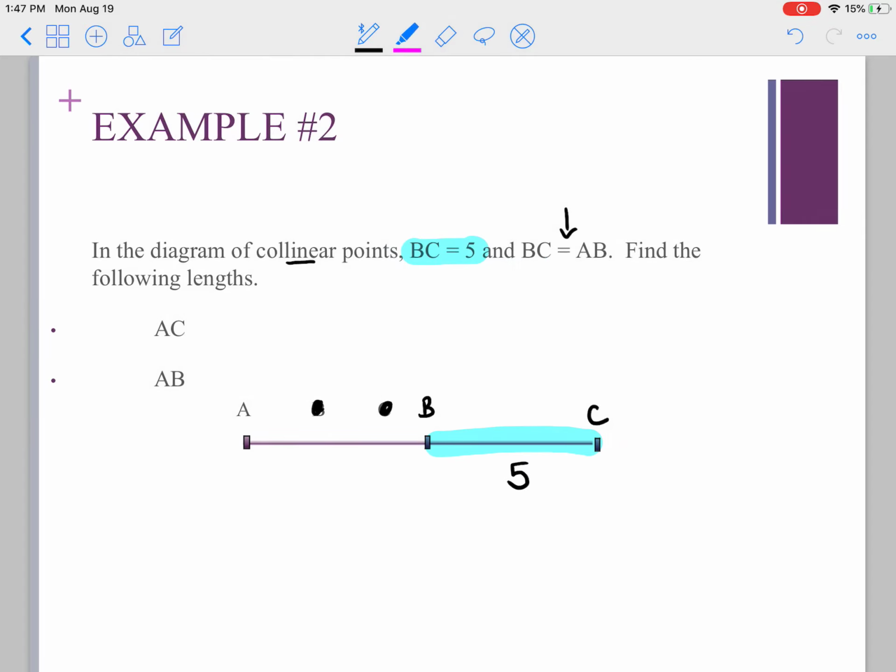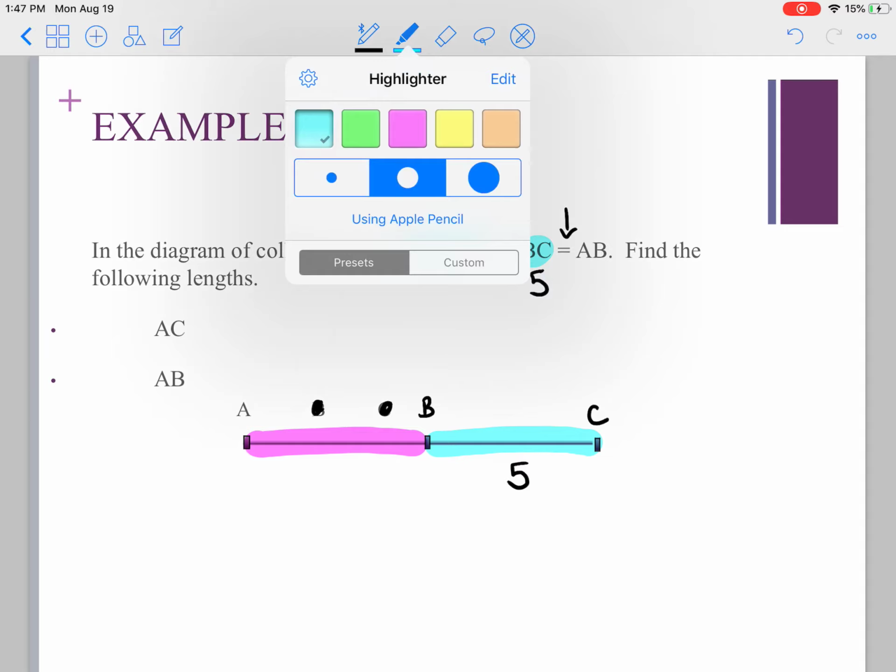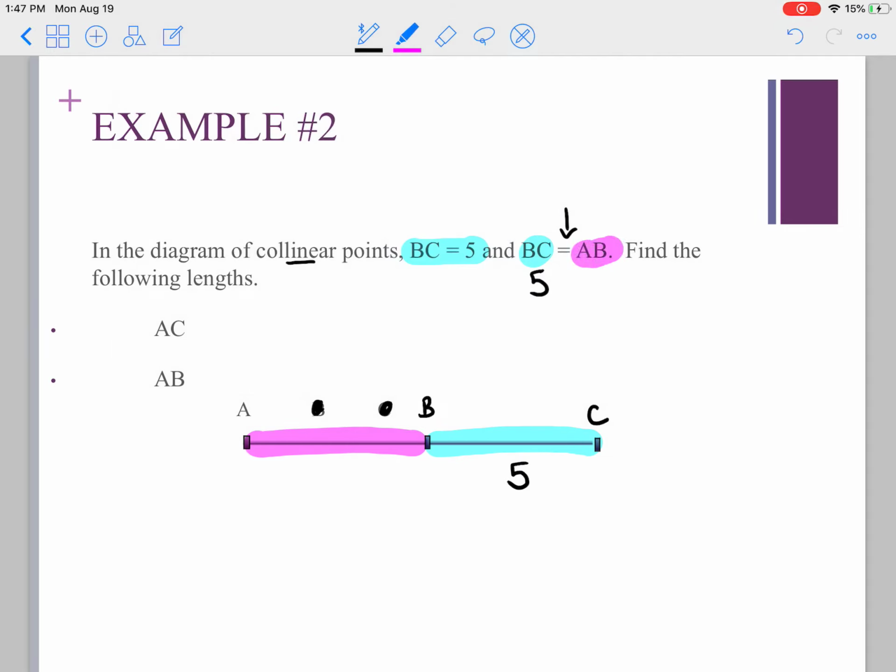Well, AB, so we have BC, and it is 5. We have AB, and because we're dealing with a measure, it's equal to BC. So I can come over here, and I can label AB as 5.